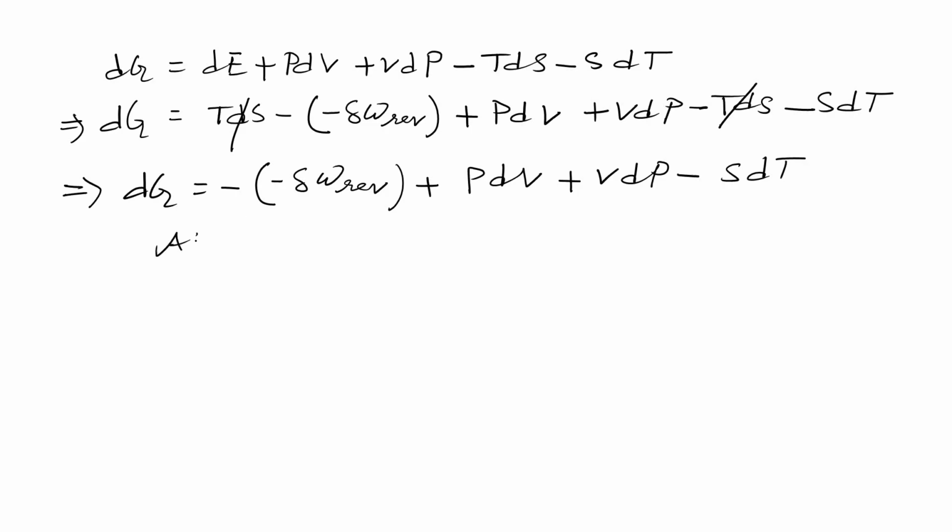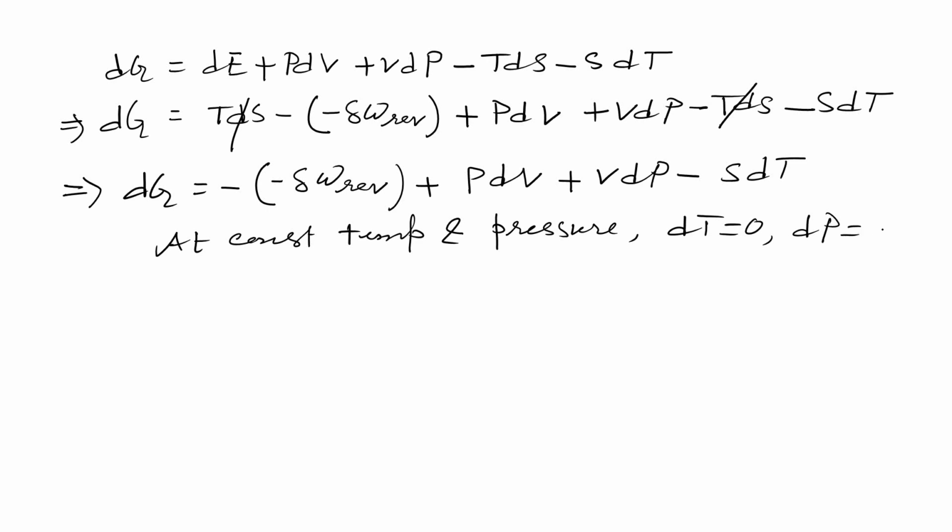Now at constant temperature and pressure, what we can write? We can write dT is equal to 0 and dP is equal to 0. Right? Then our equation becomes dG is equal to minus of the total reversible work done plus PdV, that is the mechanical work.